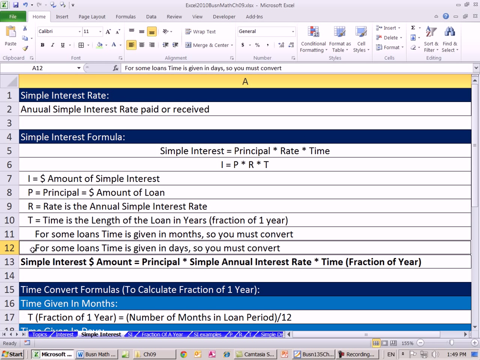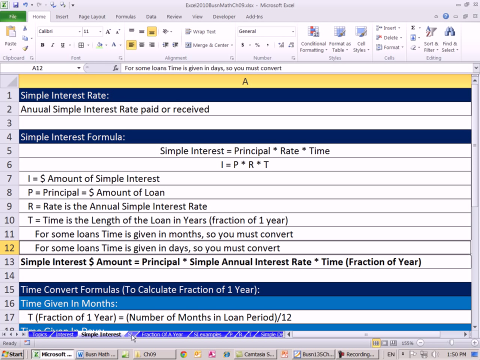But I want to look at this basic formula here and look at 3 examples. And I like this formula right here instead of this one. The reason why is it has all the information in one formula. Simple interest in dollar amount equals principal times simple annual interest rate. Again, simple to distinguish it from compound, annual to make sure we know this is for the whole year, times time, and then, oh yeah, time is a fraction of a year.